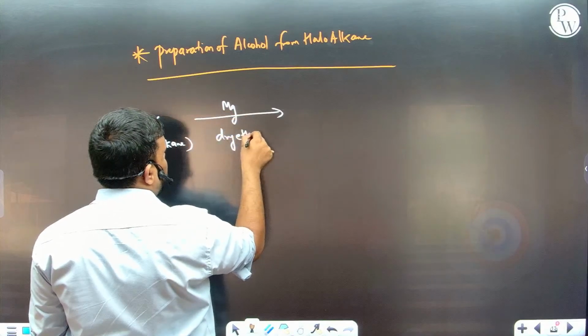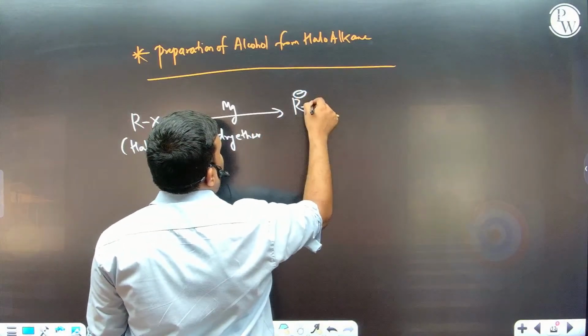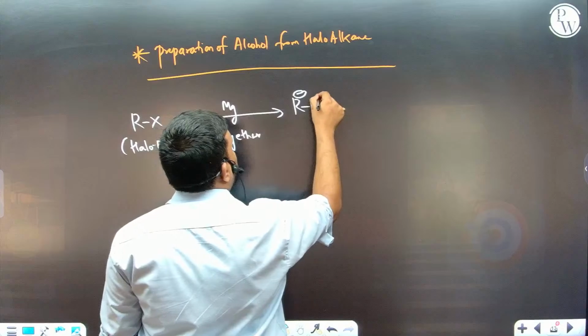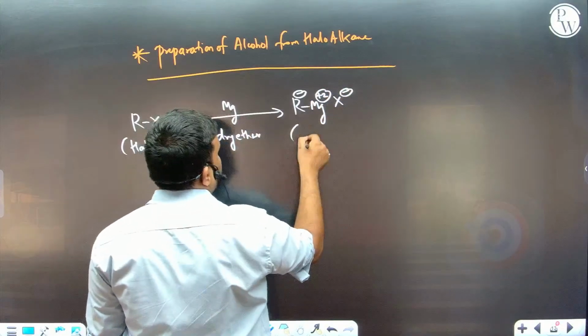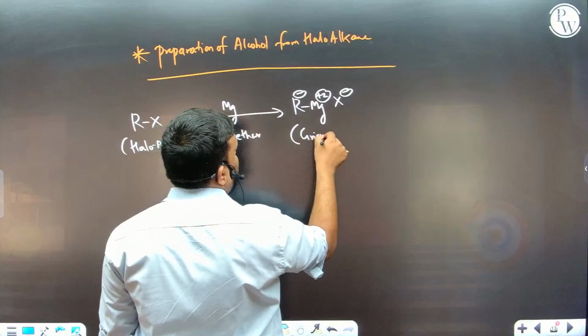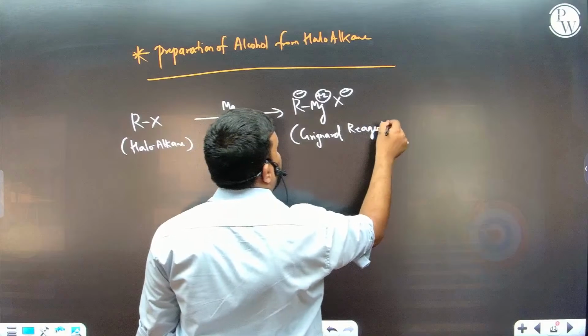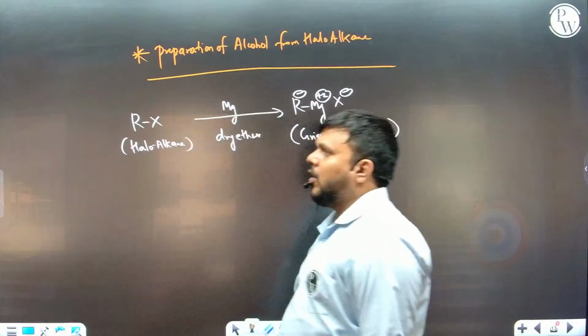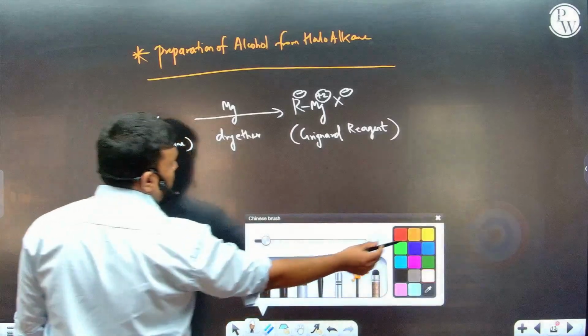We are first preparing the Grignard reagent. We are getting R minus Mg plus 2 X minus, this is our Grignard reagent. And from this Grignard reagent, we can prepare all the three alcohols, 1 degree, 2 degree or 3 degree. So let us see case 1.